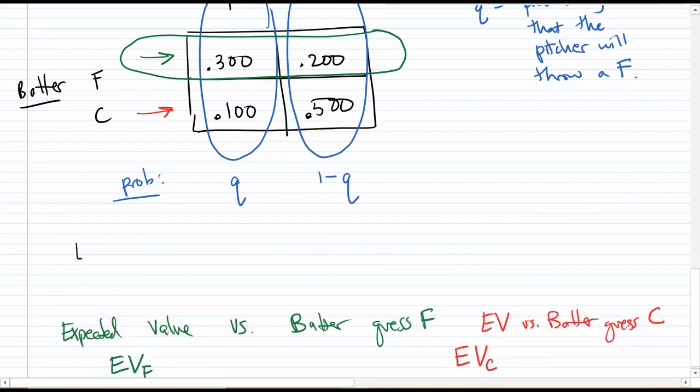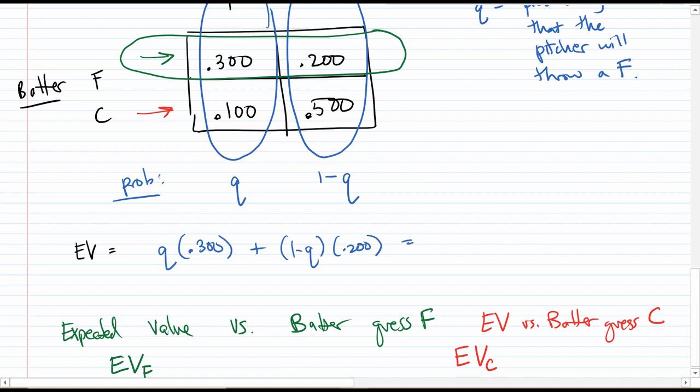So what's the expected value going to be? Well, it's going to be probability q times that outcome of 300 plus probability of 1 minus q times the outcome of 0.200.